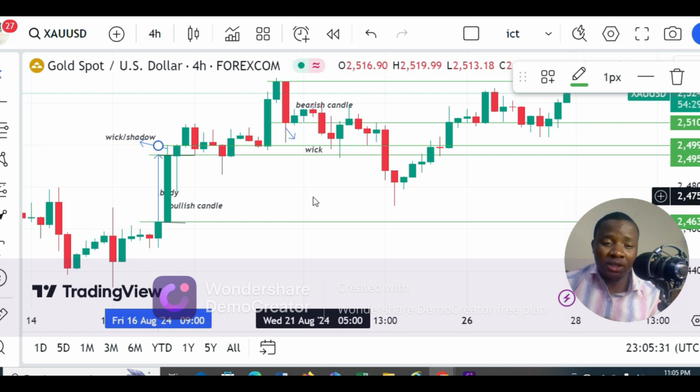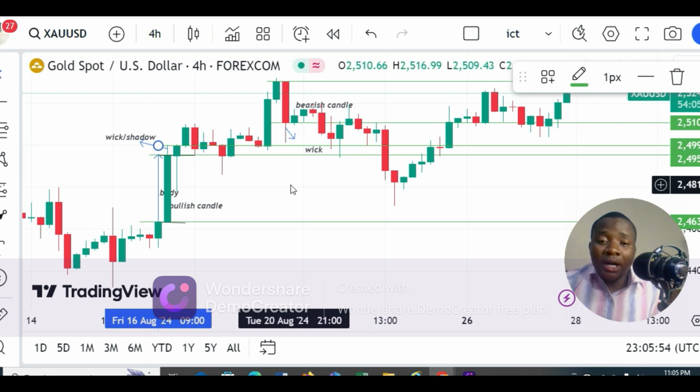So that is the interpretation of a bullish candlestick. The bearish candlestick is vice versa of the bullish candlestick. It means the sellers are in control of the market, and that is when the price closes lower than the opening point.